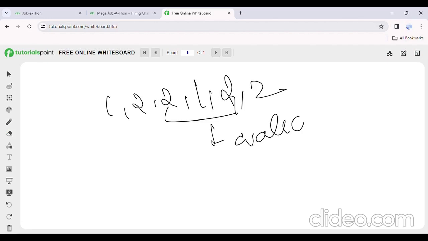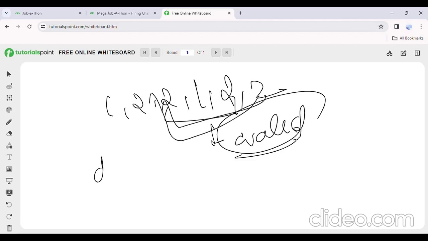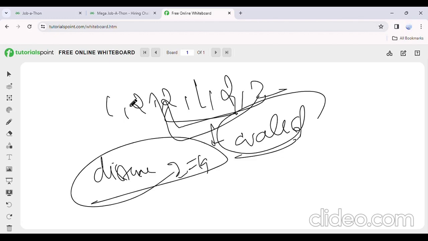And if you pick these two, also applicable. The difference between their indices should be greater than or equal to k. We have to find the number of possible ways.